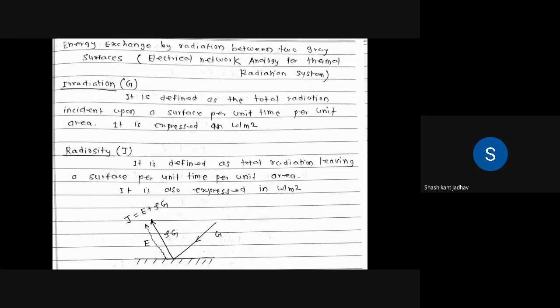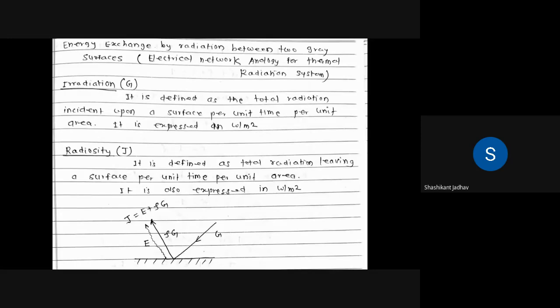In bracket we have to write electrical network analogy for thermal radiation system. Okay, in this system, first of all you have to understand some terminologies.